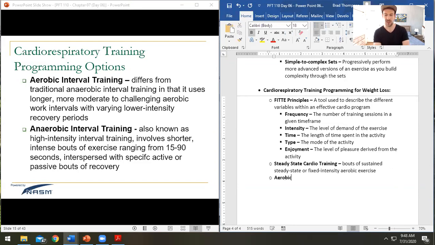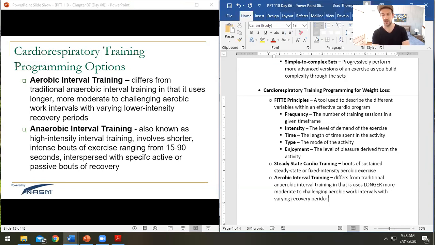And so aerobic interval training. When we hear aerobic, we should be thinking moderate to low intensity. This differs from traditional anaerobic interval training in that it uses longer, more moderate to challenging aerobic work intervals with varying recovery periods, right?